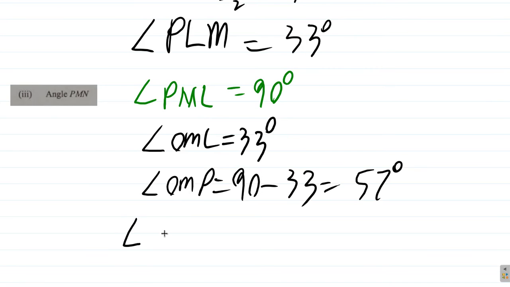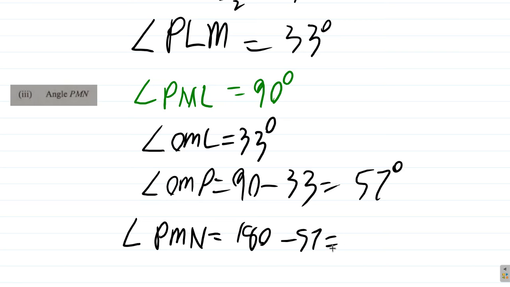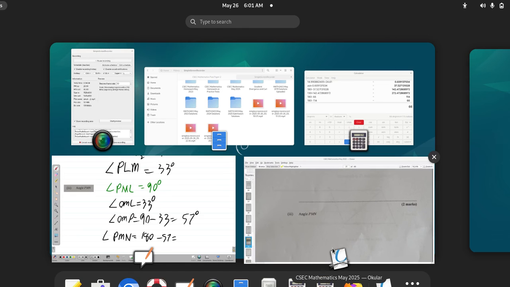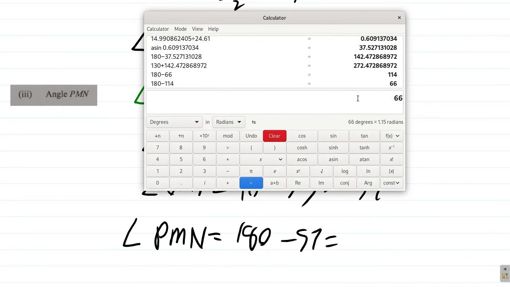So angle PMN is 180 minus 57 equals 123.